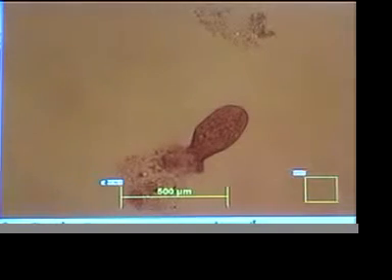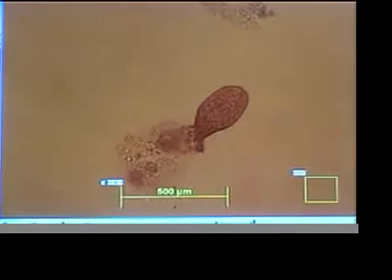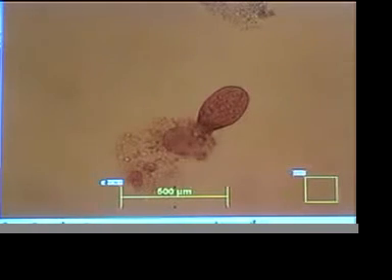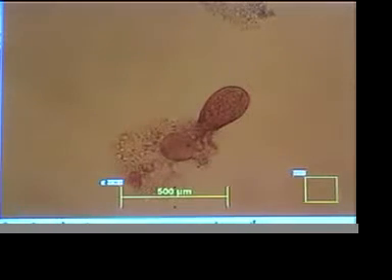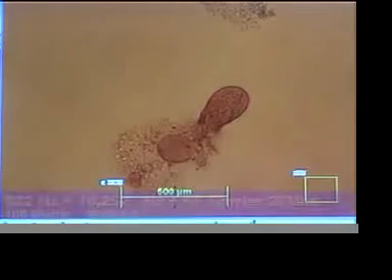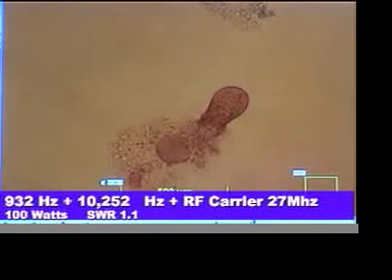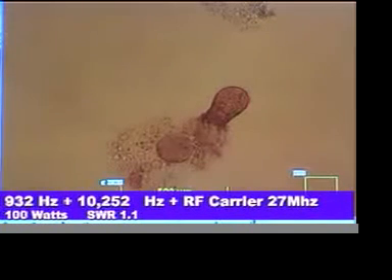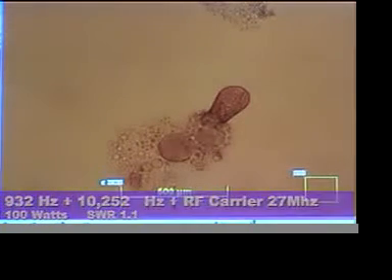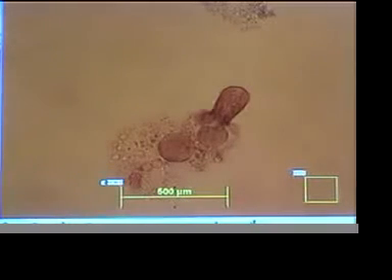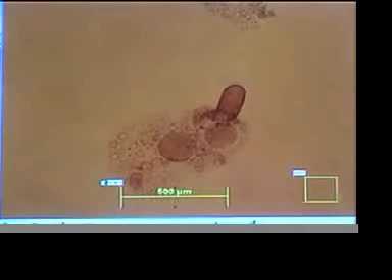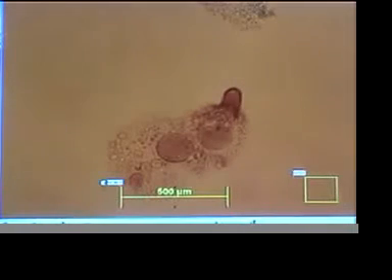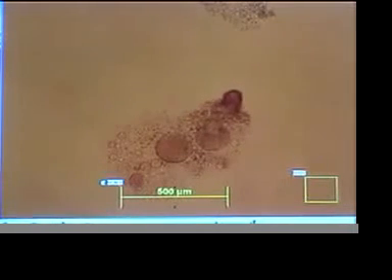There he is. Real time. The scale is correct. 10x objective. 10,252 Hertz plus 932 Hertz. So you have 932 Hertz plus its 11th harmonic, 100 watts, SWR just barely over 1.1.